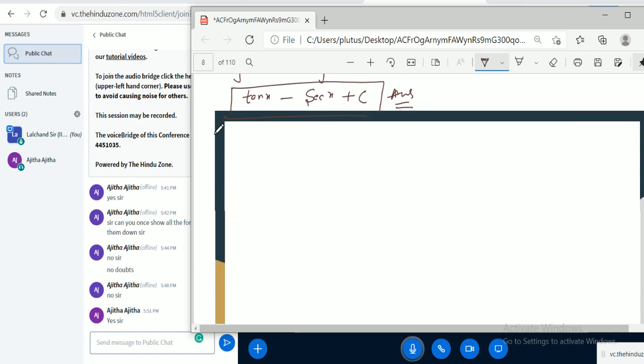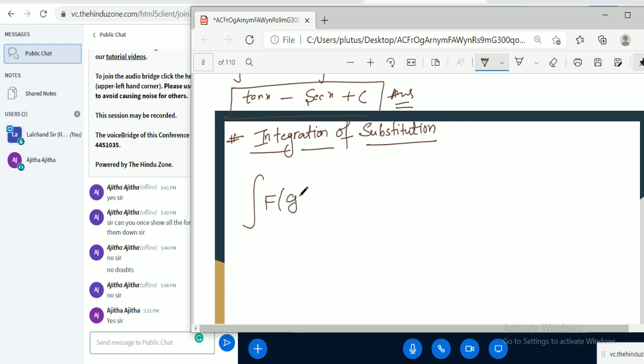So next thing is integration by substitution. What is the concept of substitution? If the integral form is like, let's say, f of g(x) inside, and outside there is the function g dash x into dx, okay?